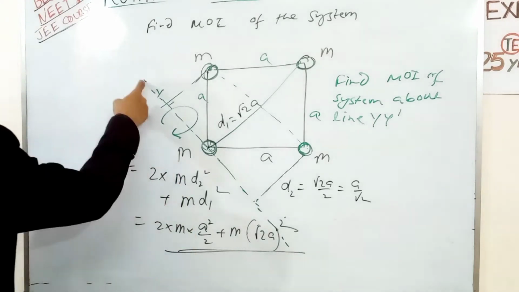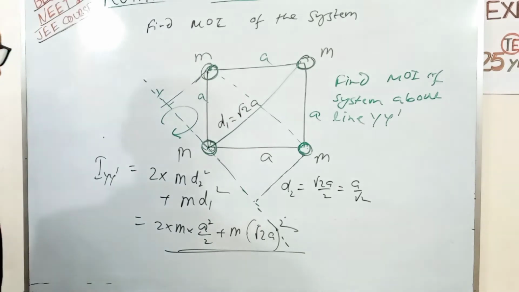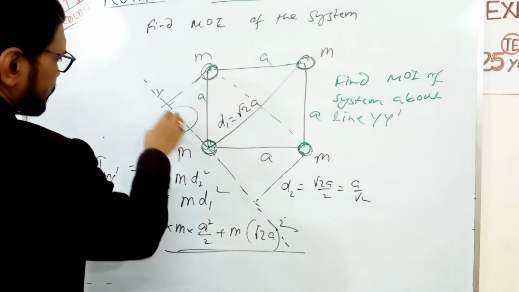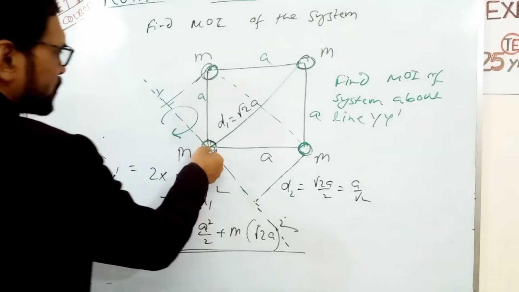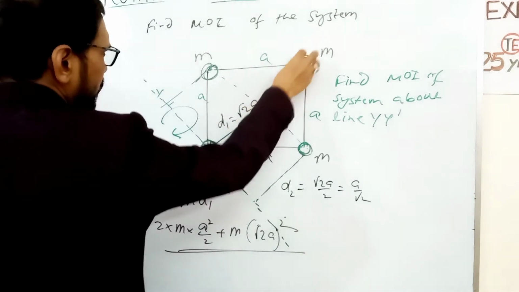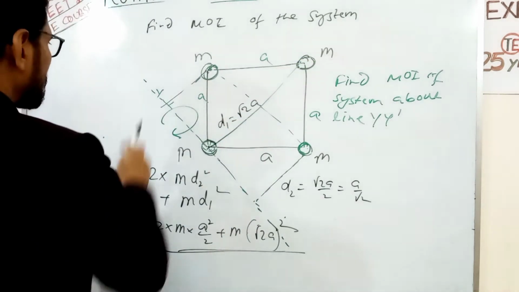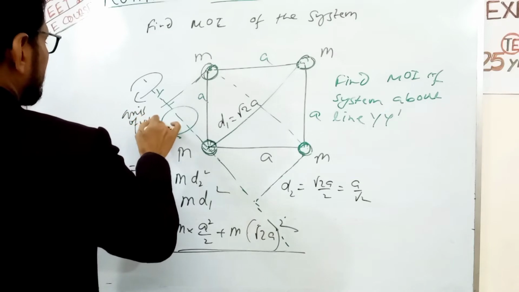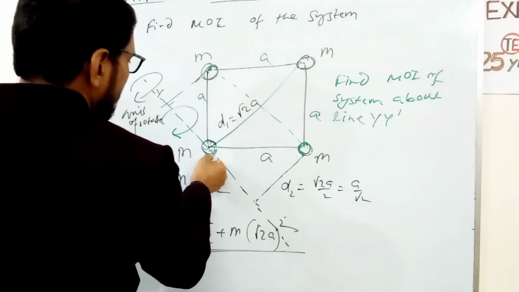Find the moment of inertia about the line y dash. Now the line is in the plane of the system, and the axis passes through this mass, so this mass is not considered. Now we have to find m into r square, where r means the perpendicular distance of the point mass from the axis of rotation.